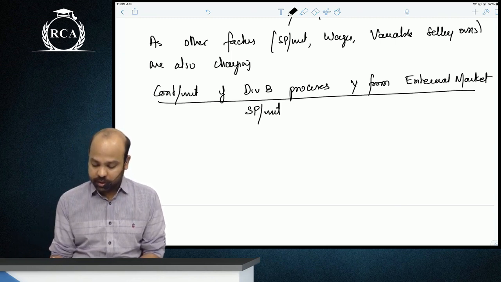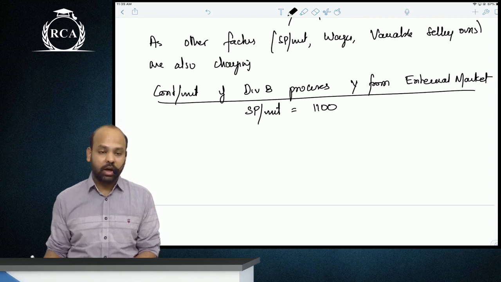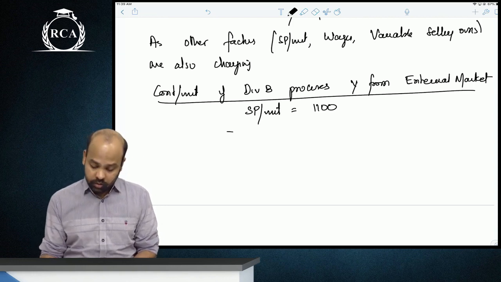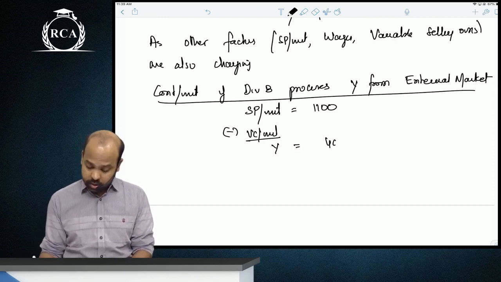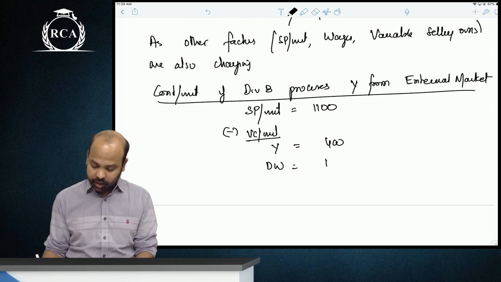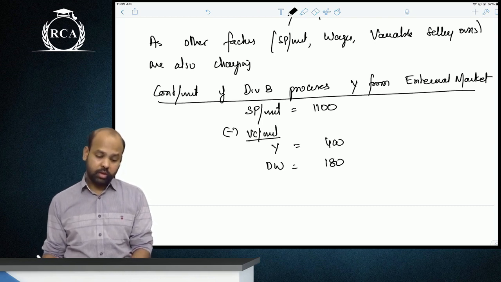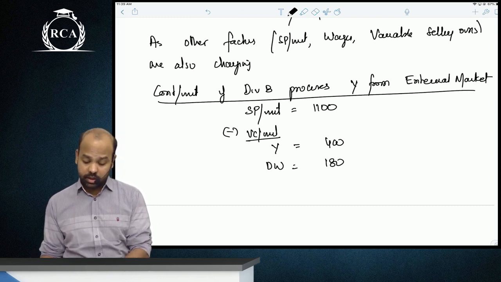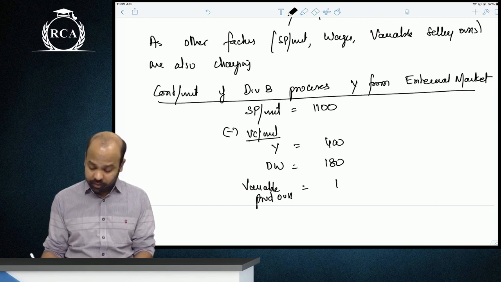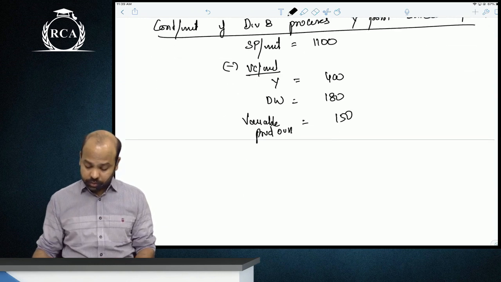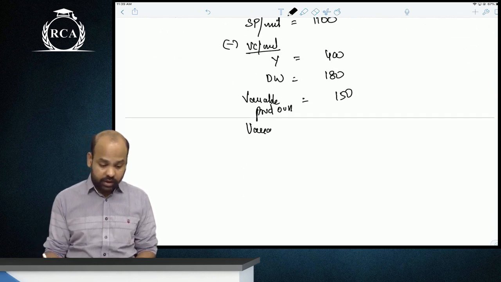The variable cost per unit: product Y they're procuring at 400, direct wages are 180, variable production overheads are 150, variable selling overheads are 110.